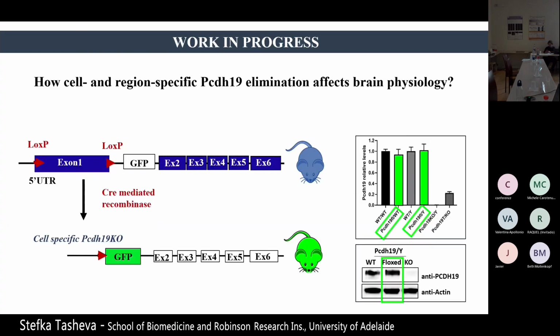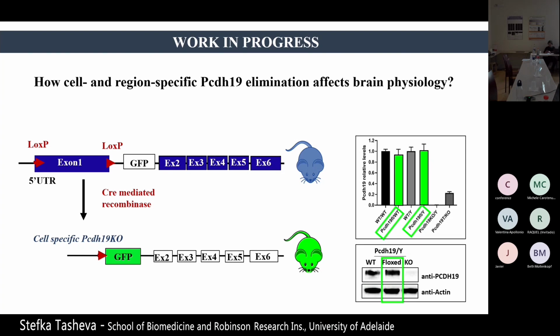So I'm going to show you very briefly our work in progress, which started about a year ago. For those of you who don't remember, 3 years ago we established a conditional mouse model, pretty similar to what Sarah showed us a couple of hours ago, but in this case we have floxed exon 1 of the PCDH19 gene, and we have a GFP reporter placed after the 3' loxP site.